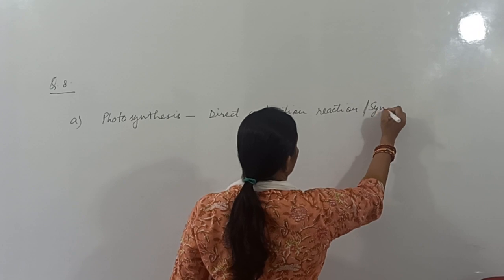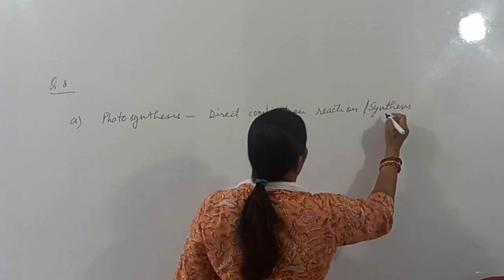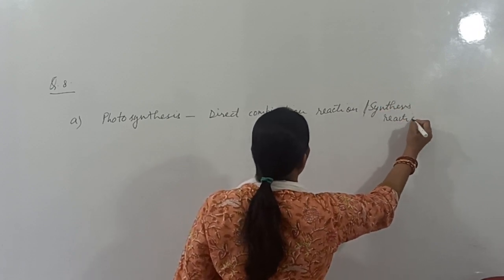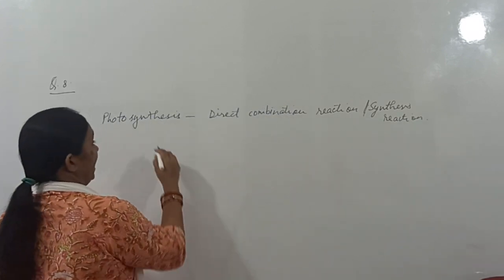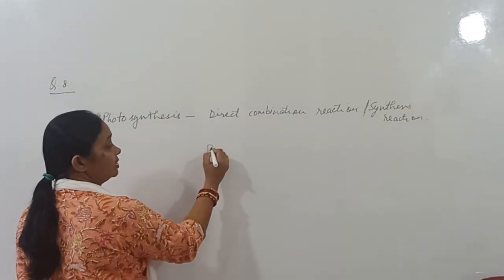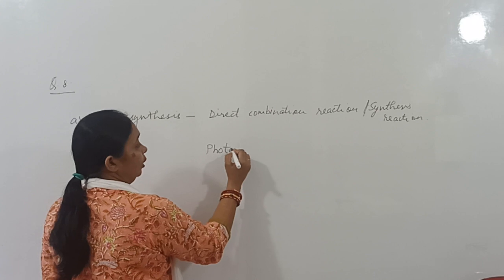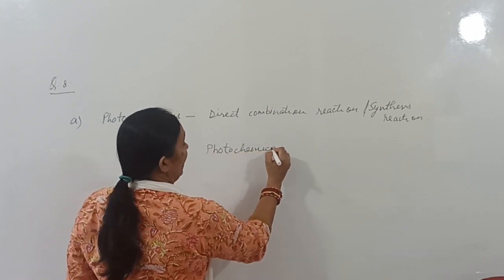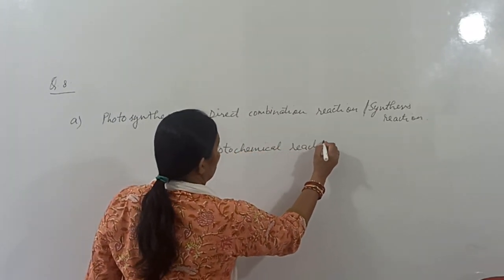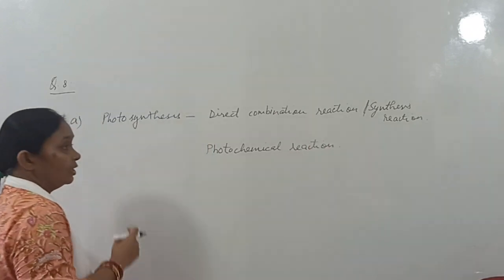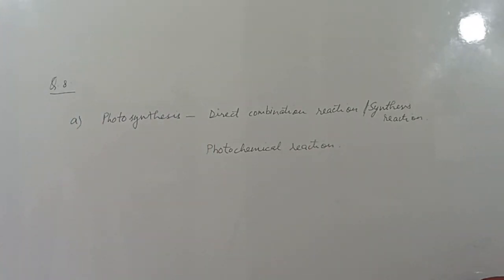One more thing, this is also a photochemical reaction because photosynthesis takes place in the presence of sunlight. You can call it a photochemical reaction also. So these can be the answers for photosynthesis.